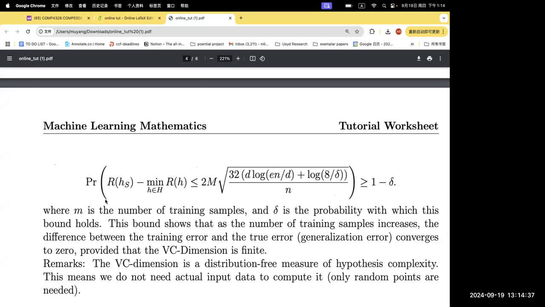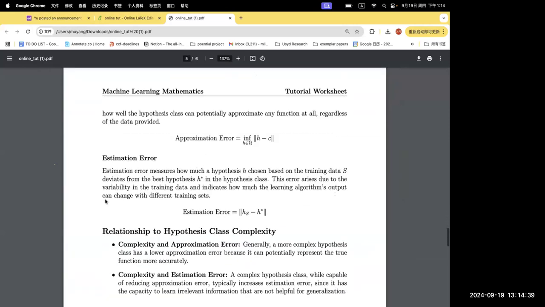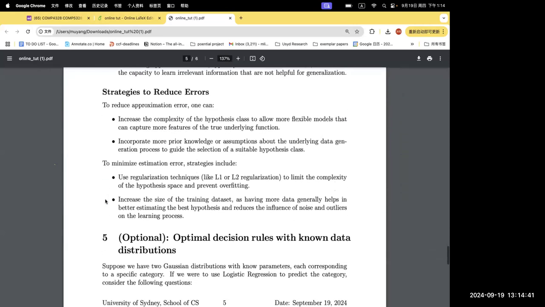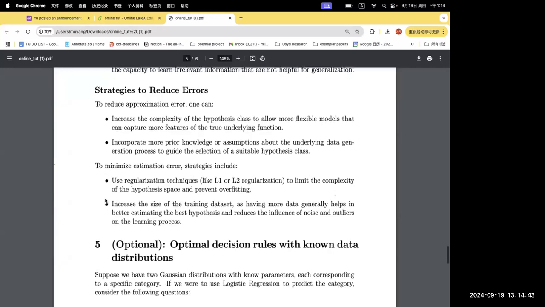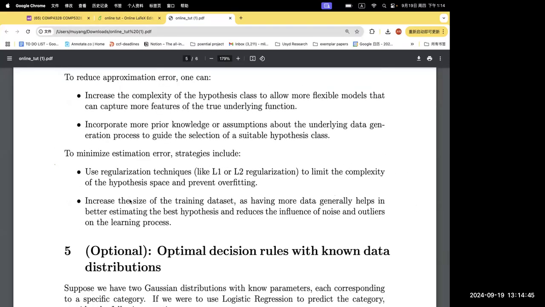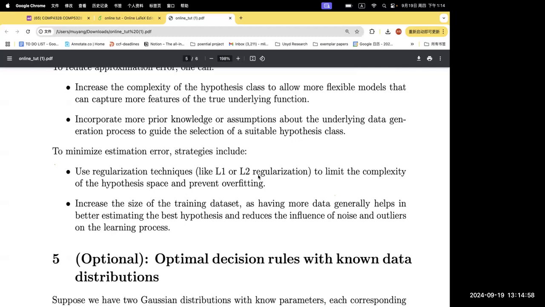Earlier we mentioned what we can do to make the error bound of the PAC learning framework tighter, right? How to tighten the generalization error bound. To do this, the approaches are the same as for minimizing the estimation error. Basically, we can use regularization techniques to constrain the complexity of the hypothesis class.